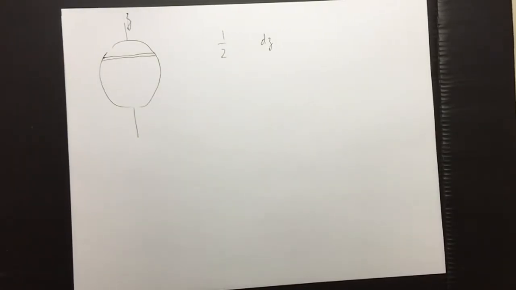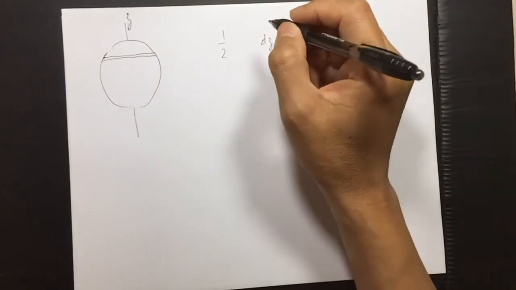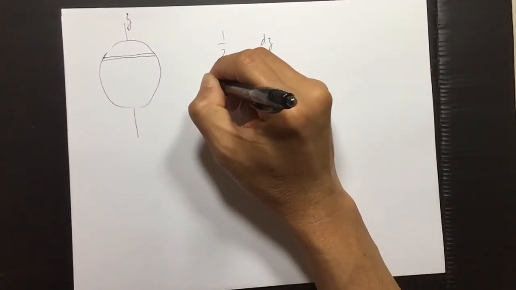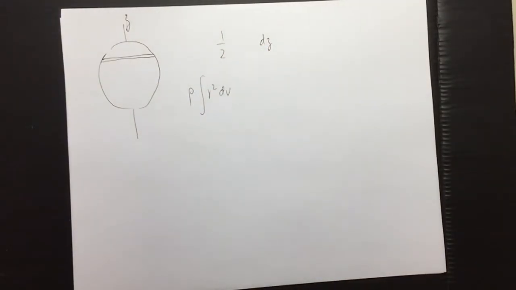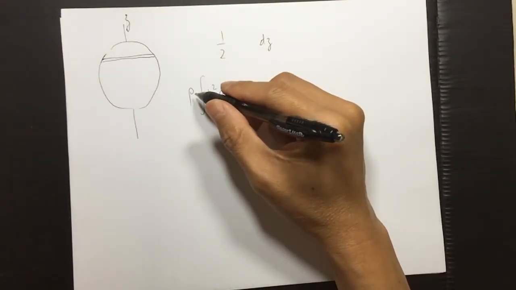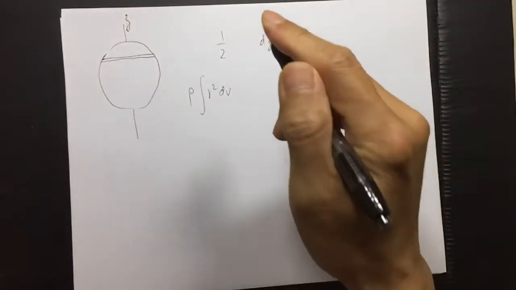Let's not shortcut. Okay, let's shortcut. Let's do it the other way. This is r squared dm, where dm is rho dV. Now we split this up. Actually, let's do it this way.